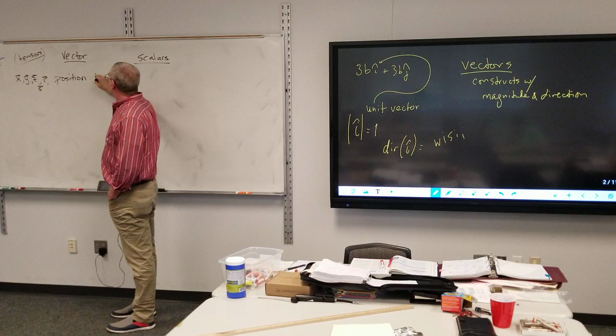So if ever you're asked for position, position is a vector quantity. The symbol for position: X, Y, Z, R, S. These are the most common letters that I'll be using for position.